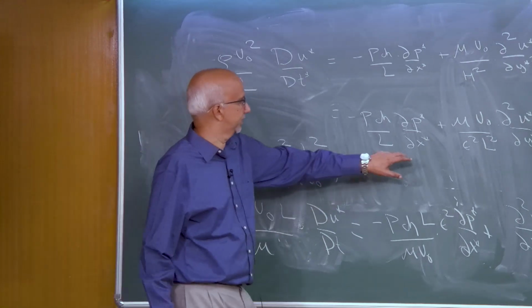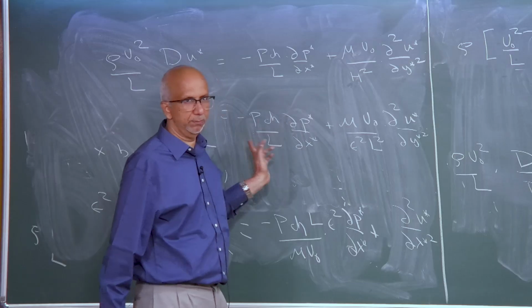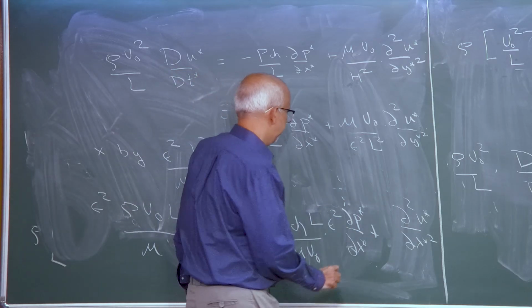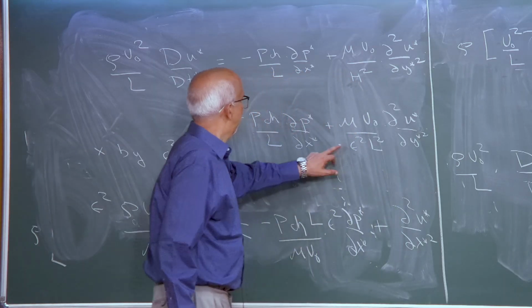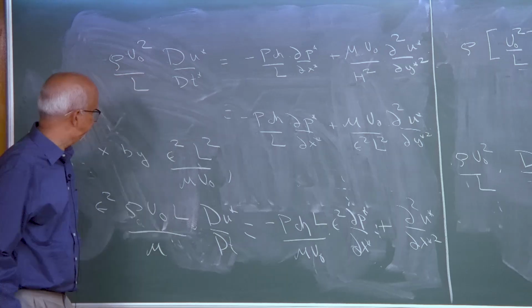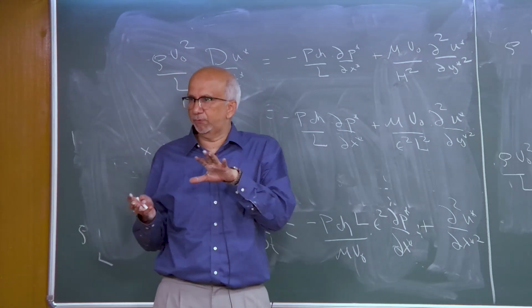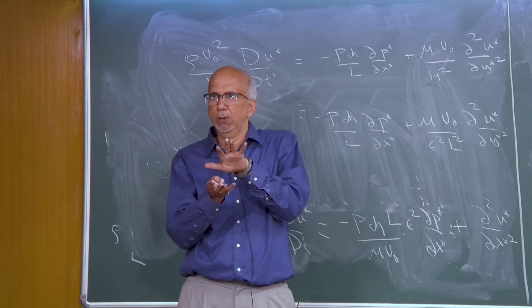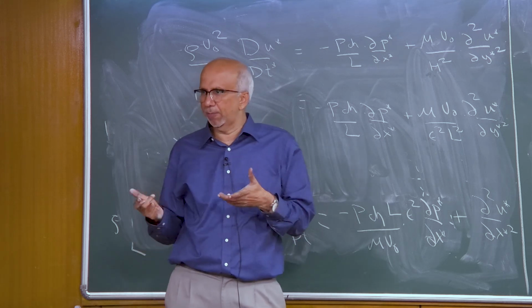All I have done is I have taken this term, multiplied it by the reciprocal. So this coefficient becomes 1, okay, this coefficient becomes 1, and this is what I get. So see, in this problem of the lubrication approximation, where there is a flow between two not parallel plates, slightly inclined plates, I need to have a balance between forces.